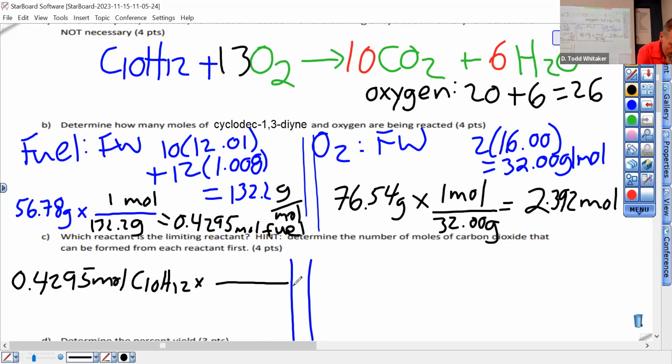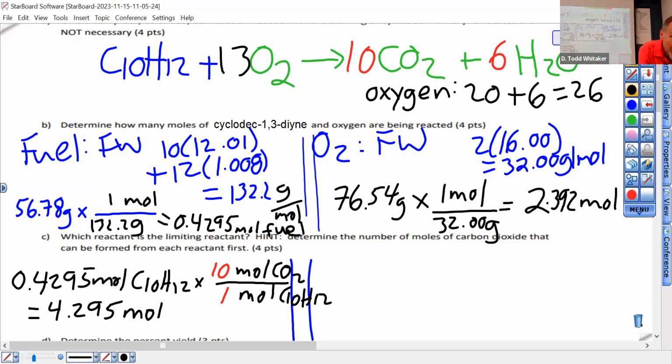Coefficient time: mole C10H12 for mole CO2 on top. 10 moles CO2 are made for 1 mole of C10H12 reactant. 4.295. Yes. Correct. So that is actually in the hint, it says to do that, right?